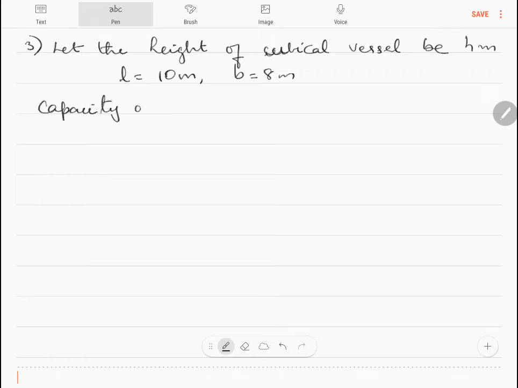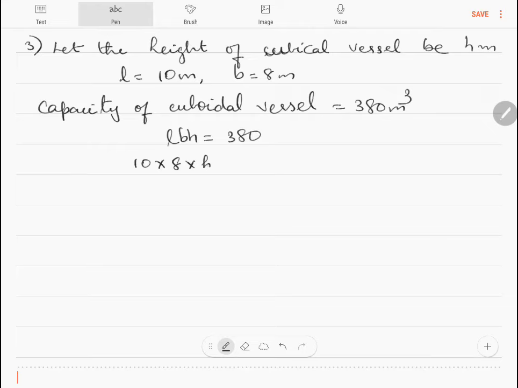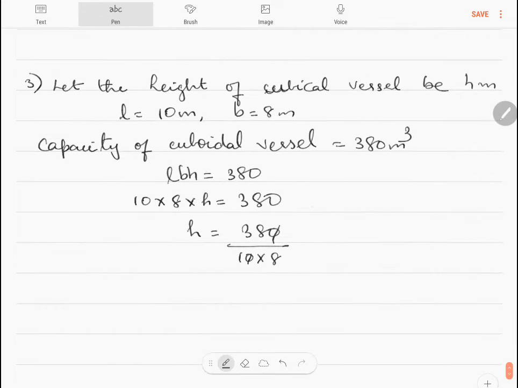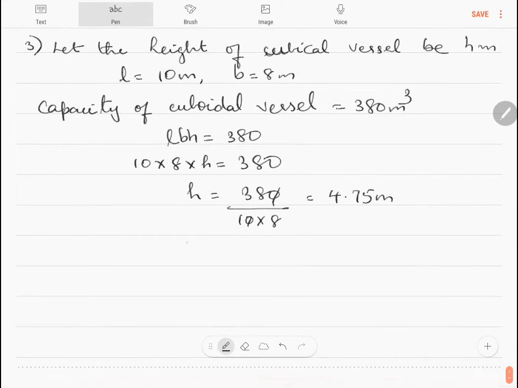Capacity of the cuboidal vessel is 380 meter cube. Now L into B into H is 380. So substituting the values, H will be 380 by 10 into 8, which comes to around 4.75 meters. So H is 4.75 meter.